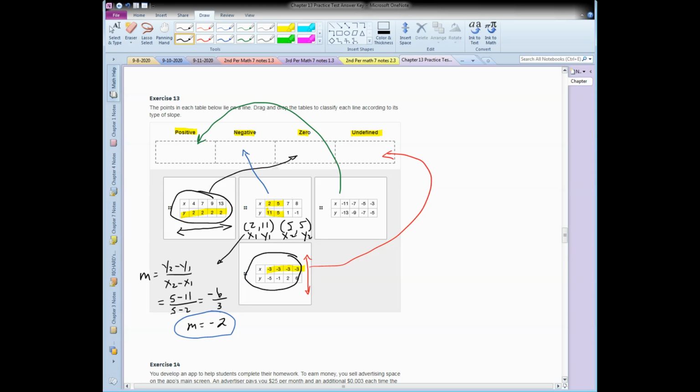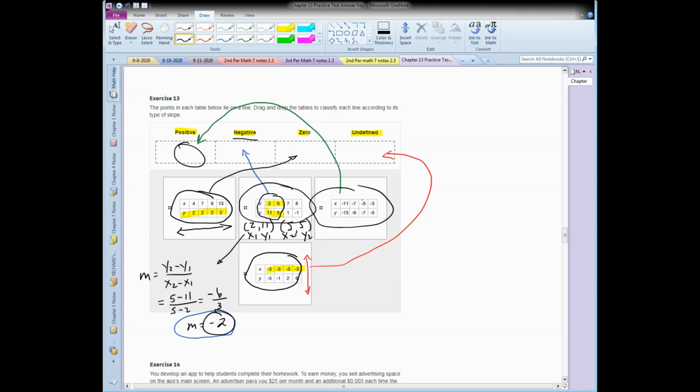Now for negative slope and positive slope, I just look at one of the last 2 sets of points. And here I use 2 of the coordinates. I calculated the slope and it was negative. So if this is negative slope, and all these points lie on the same line, then this set of points represents a line with negative slope, which means this last one has to go here.